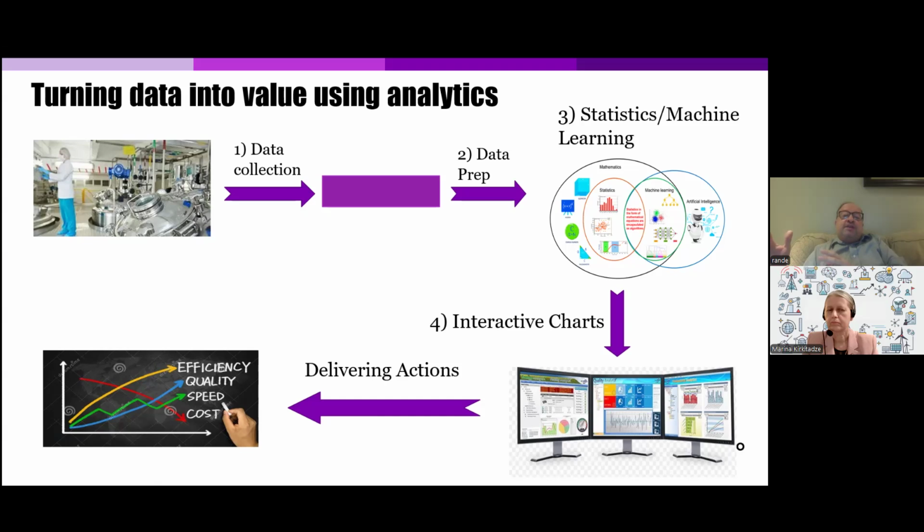From information on how to improve your process. And then the next step is interactive charts. After you extract insight from the analysis, you need to communicate these results to upper management and subject matter experts. Those subject matter experts don't have a full background in data science.